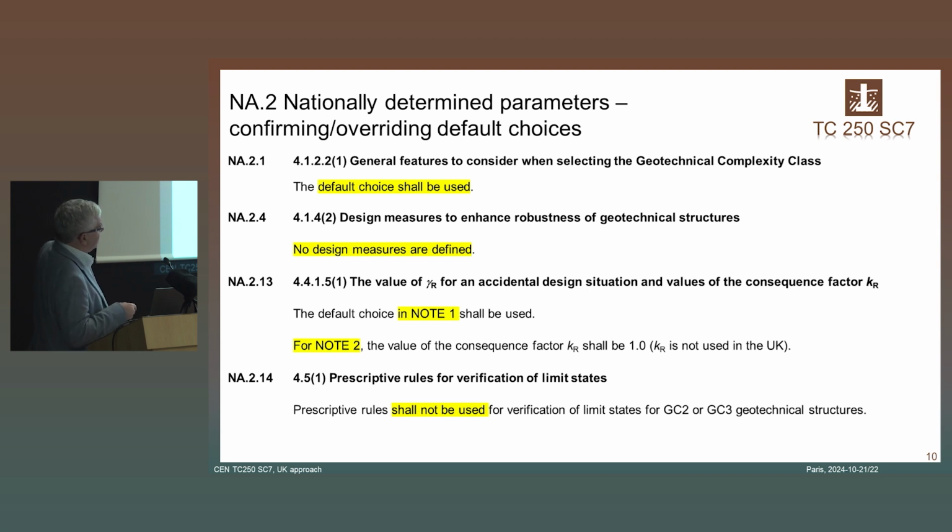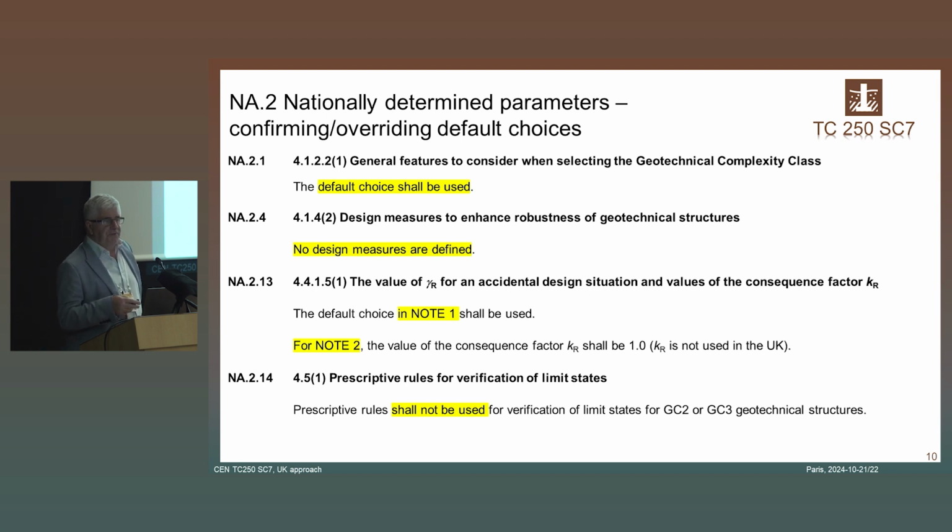So we are having to explicitly call up which note and therefore which NDP we're referring to. And then at the bottom, the final thing is where we're negating something. Prescriptive rules shall not be used for verification of limit states for GC2 or GC3 geotechnical structures. That's how we will tell you not to do something. So very much using the verb shall with all these instructions.